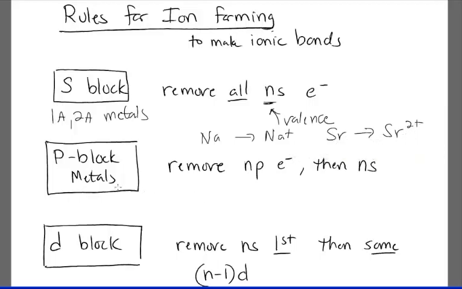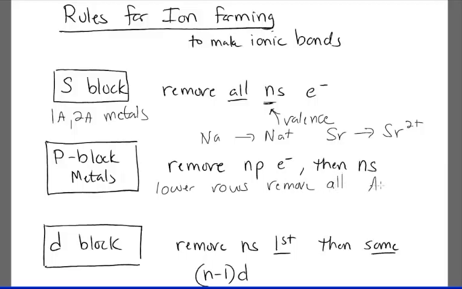Now we'll do p block nonmetals in a minute, but in the p block metals, you're going to remove the p electrons, and then you're going to remove the s electrons if needed. In the lower periods, you'll remove all the np and ns electrons.